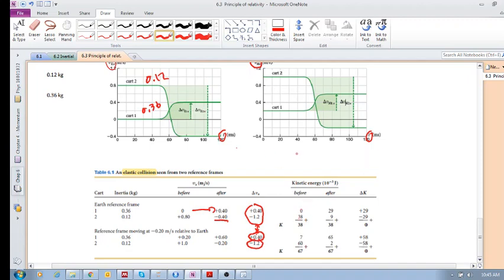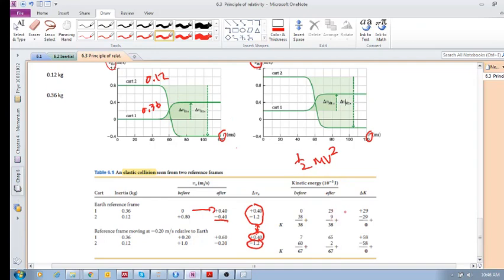Just go and calculate it. Half mv squared. You'll find that for 0 velocity, I've got 0 kinetic energy. For 0.8 meters per second velocity, I've got 38 times 10 to the minus 3 joules. And then after they interact, you've got this velocity and this velocity, and you calculate the kinetic energy for each cart afterwards, and you get this.